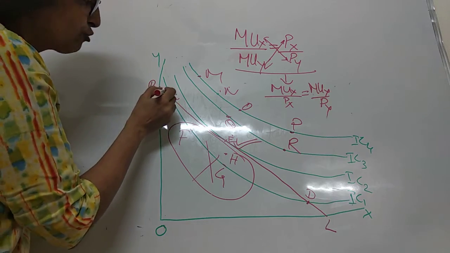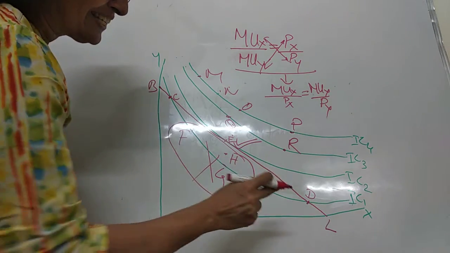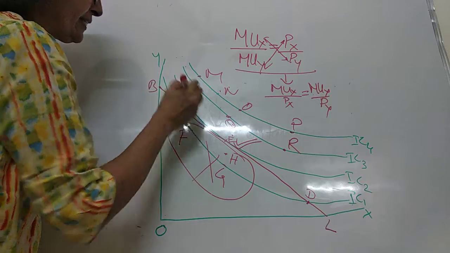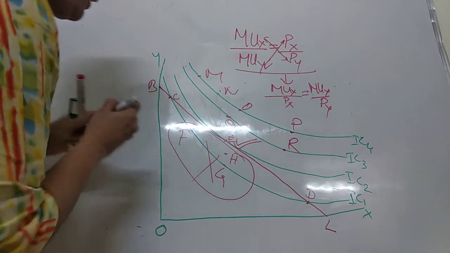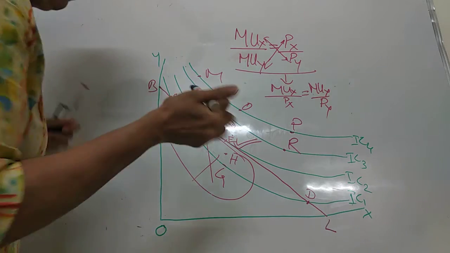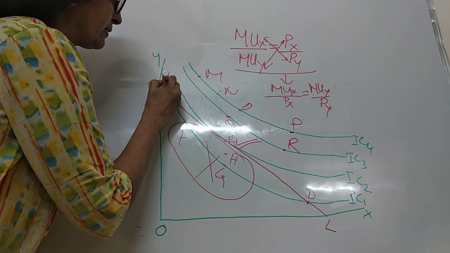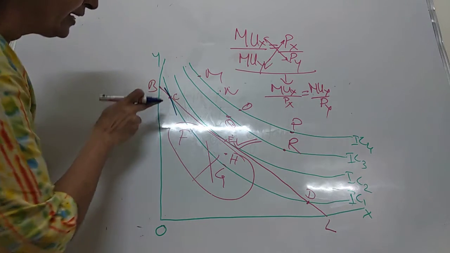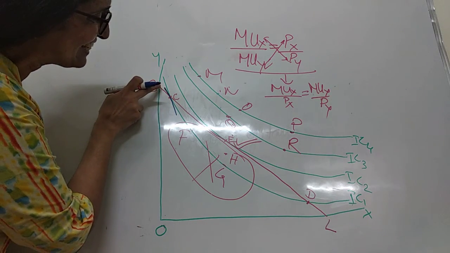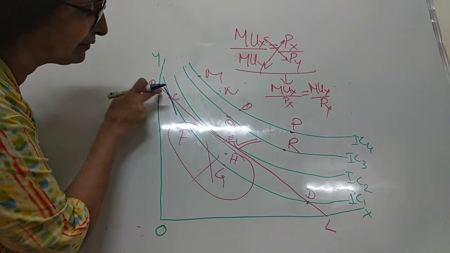Now, if I draw a tangent to IC1 at point C, let's draw a tangent. I use a different color pen. So here is the tangent. I hope this color works. Yes. Now see, this blue line is steeper than the budget line.